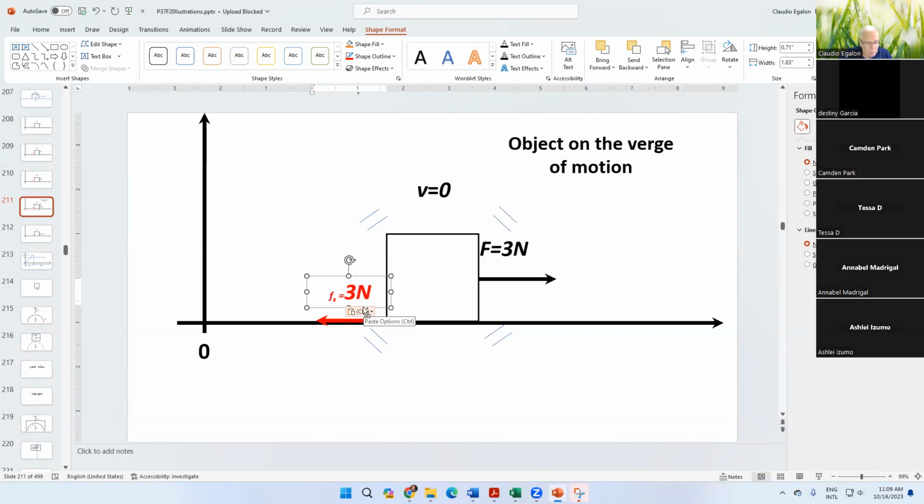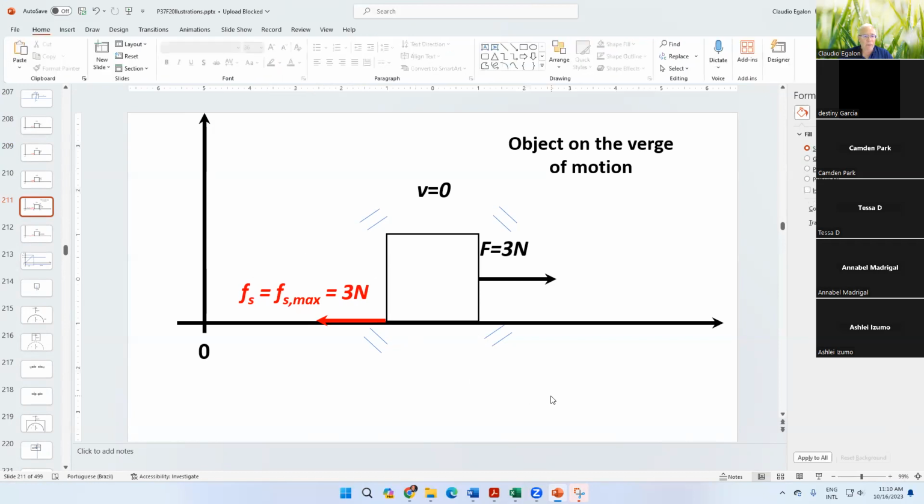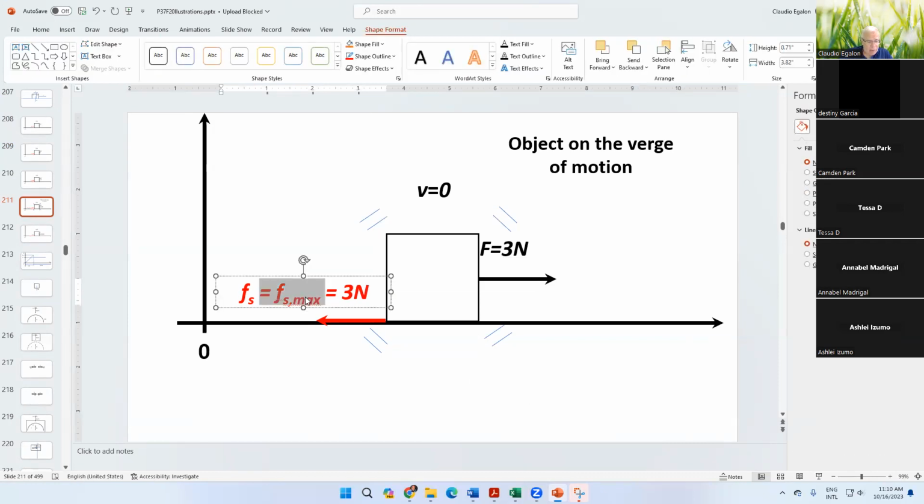Now, what happened here? Interesting. Let's try again. The force of static friction in this case is going to be the maximum value of the force of static friction. And anything that you do, a little disturbance, will make the object move. Okay? And there is a relation here, right?